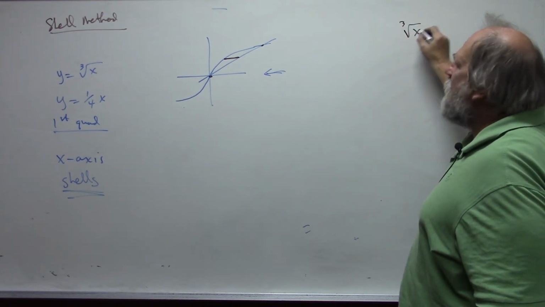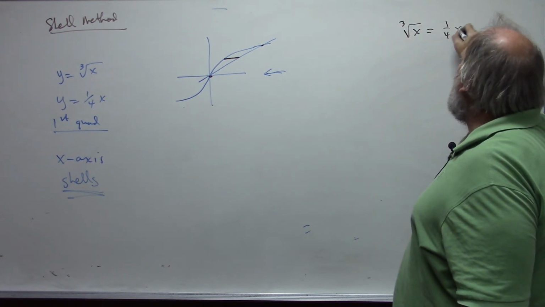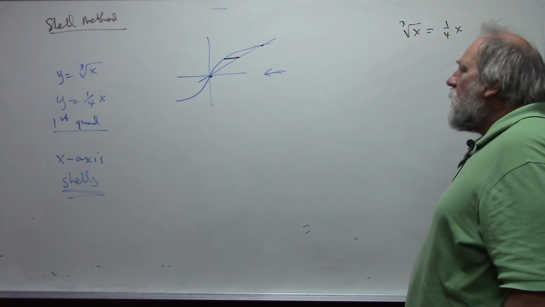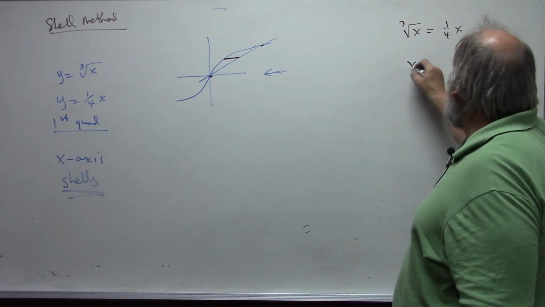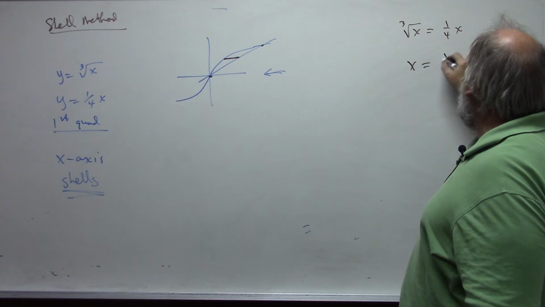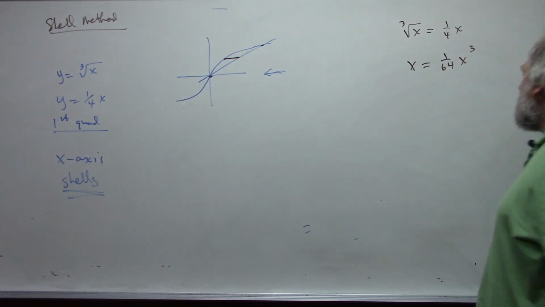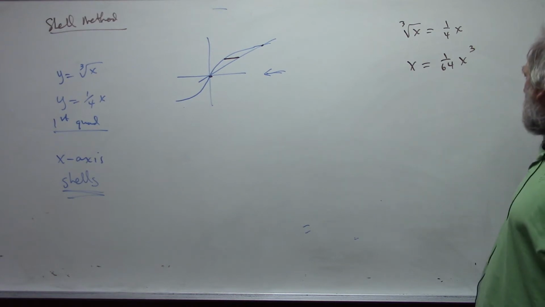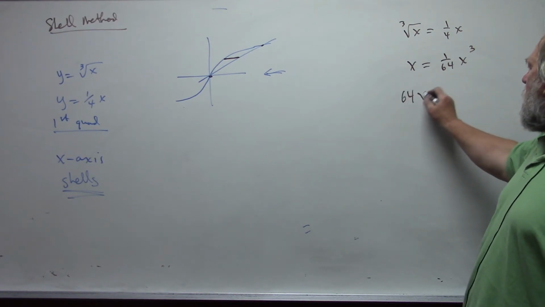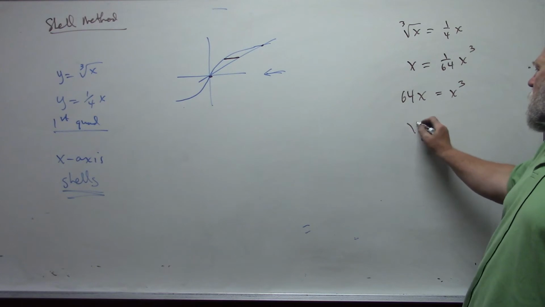The cube root of x is equal to 1/4 x. And so x is equal to 1/64 x cubed, or 64x is equal to x cubed.